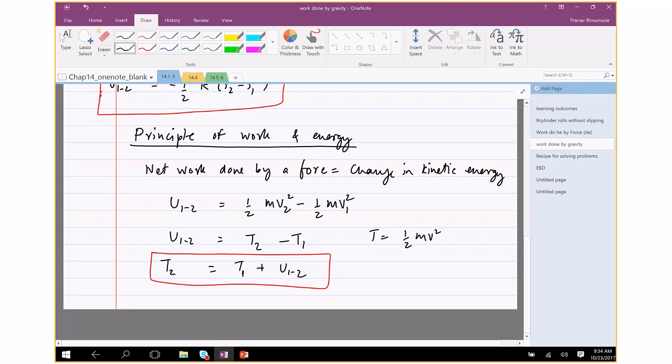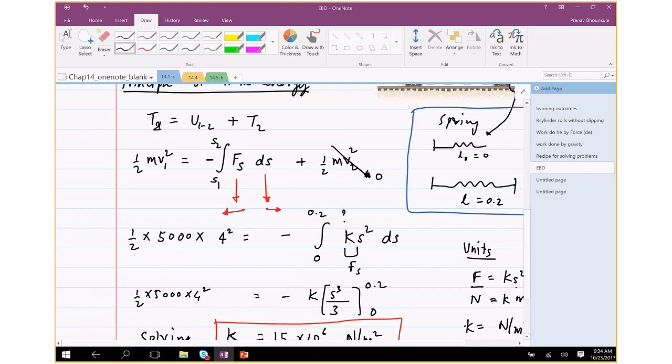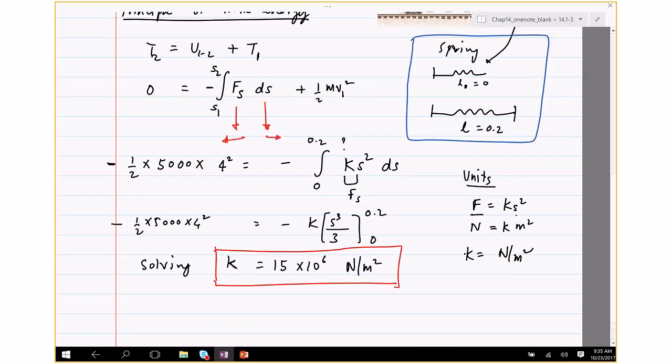That was wrong, and so I need to go back here. This is T2. This is T1. So this should be 0. So this comes out to be negative, and so k is positive. But thanks for catching me on that. Yeah, my bad.